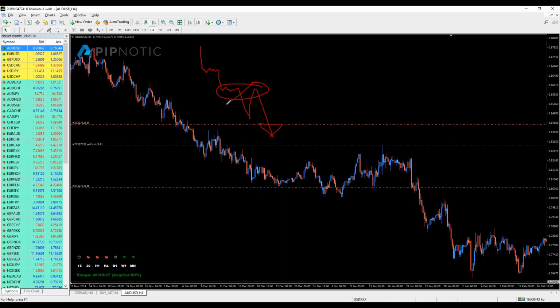So this one you don't take. This one is the one that you take. And so this will typically be nested somewhere within here. And you want to go into the smaller time frames and look for this one to refine your entry. That's generally the better thing to do.